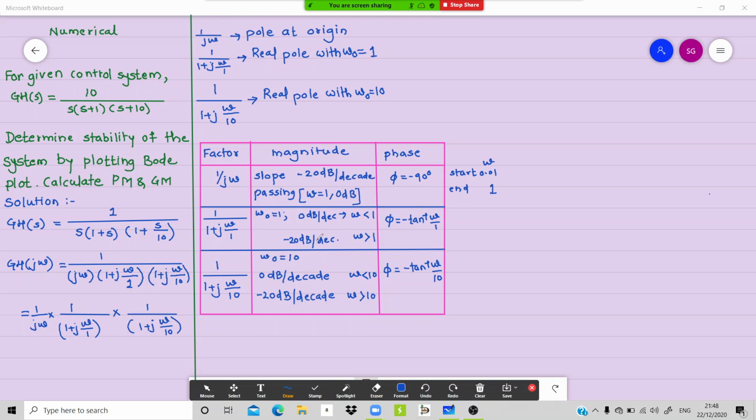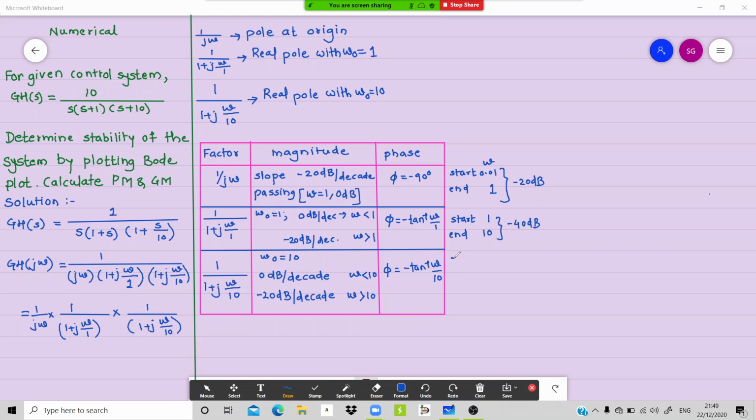After 1, this minus 20 will also get added, so it will start at 1, and this will end on 10. For these two things, slope is minus 20 dB. These two things mean from 1 to 10 it is going to be minus 40, because these two things are getting added up, correct.